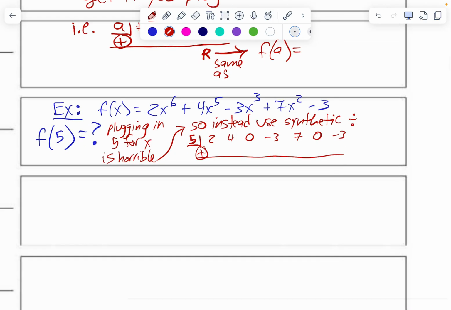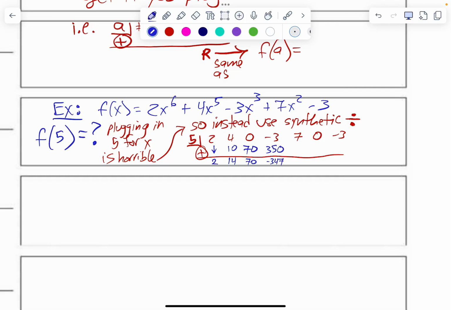What's the first step? Bring 2 down. Good. And then multiply. So 5 times 2 is 10, and we get 14. 5 times 14 is 70. Add, we get 70. 5 times 70, 350. Subtract 3, we get 347.